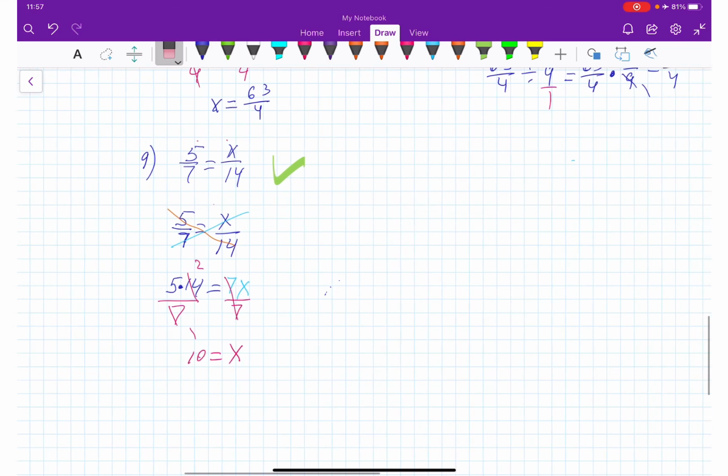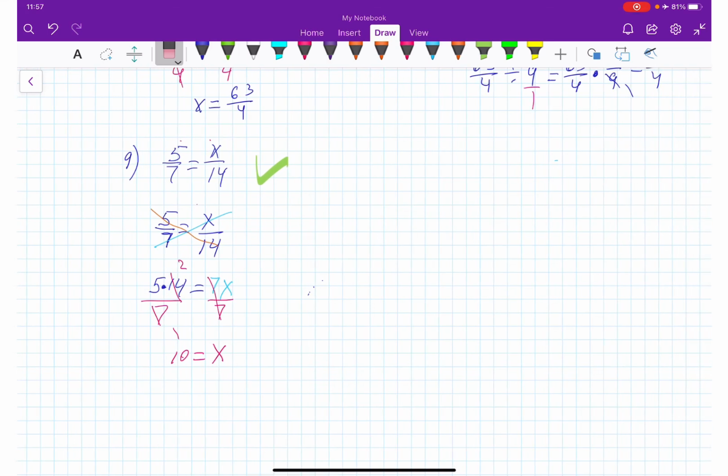Okay, question number 10. Let's say we have a proportion 3 over 4x that we need to solve, equal to 5 over 6.